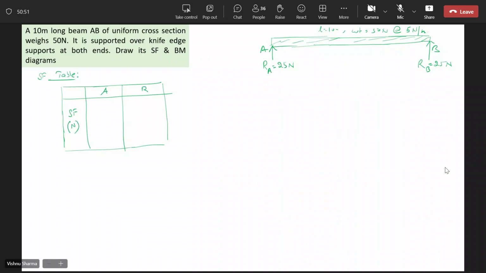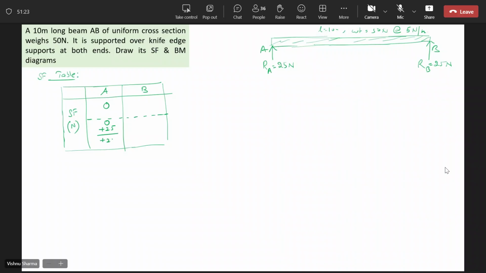Left to right is AB. At A and B, we have point forces in the form of RA and RB. RA and RB are point forces, so both A and B will be subdivided. Now, what is the shearing force just to left of A is 0. We carry forward this 0 and then we have plus 25 coming into picture.